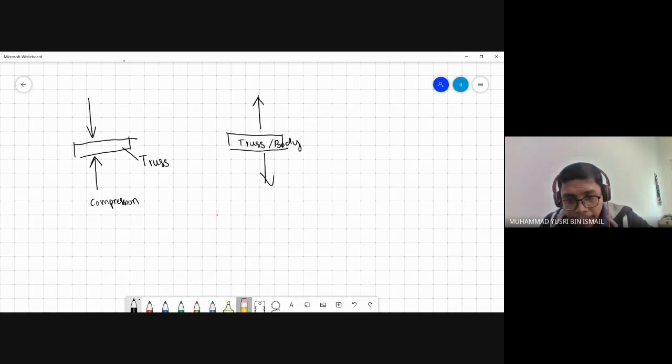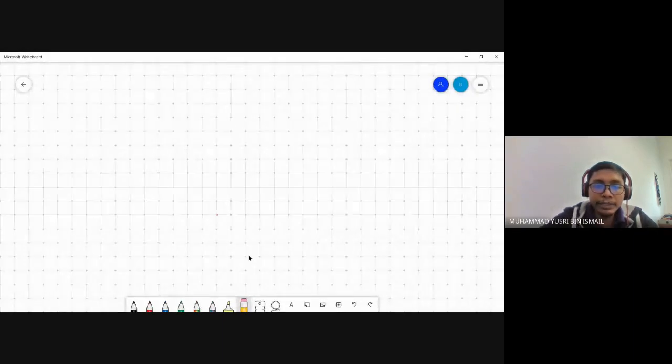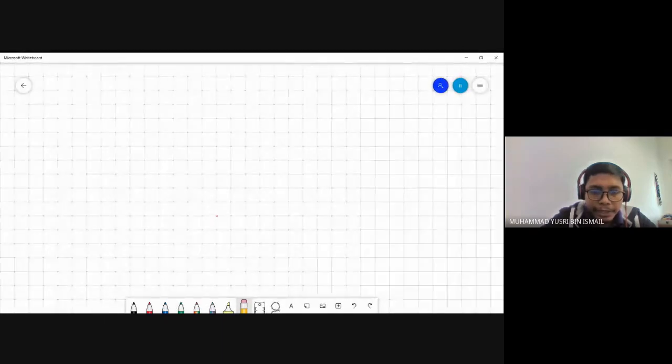Now, you have a few types of analysis that you can use in order to determine the forces at each of the trusses. For example, I will show you this first example.